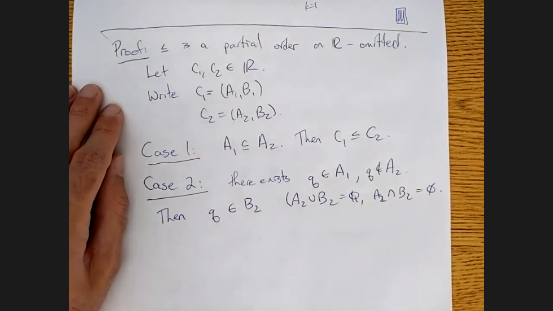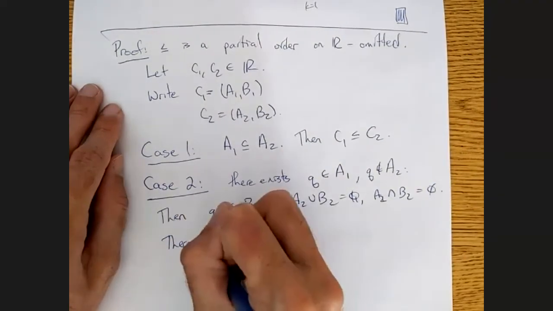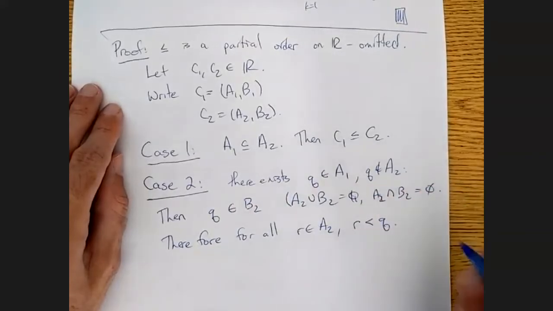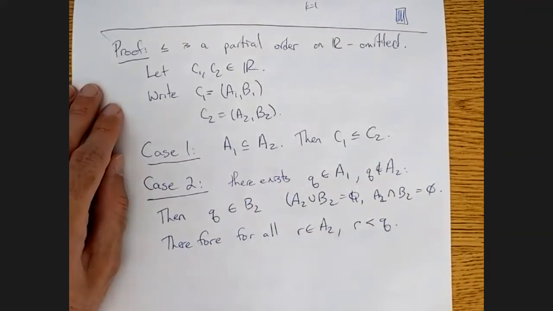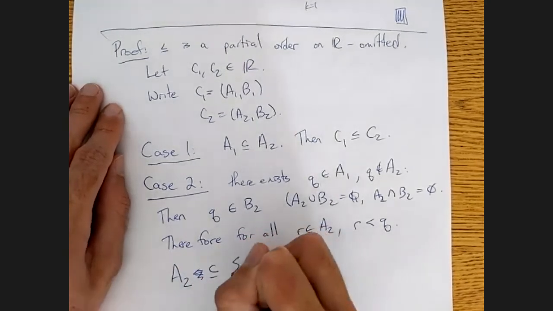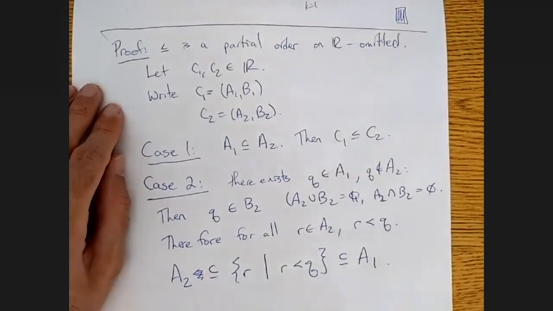Okay, so Q is in B2, so every element of A2 is less than Q. For all R in A2, R is less than Q. Okay, so now we have that A2 is contained in the set of all R such that R is contained in A1.